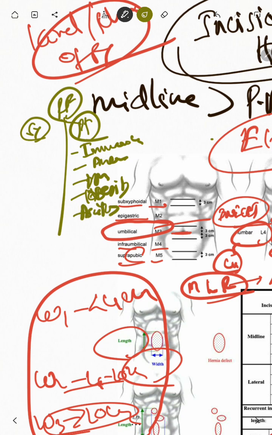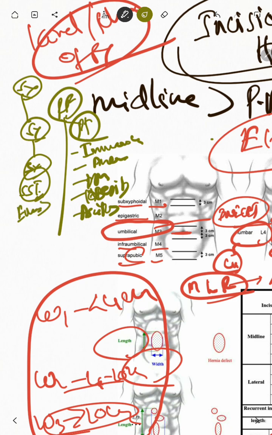Okay, and surgery related you can again classify into surgeon and surgical complications. That includes surgical site infection and also the type of surgery.